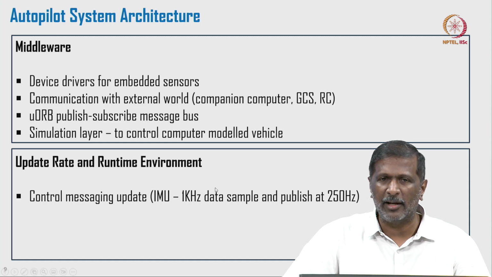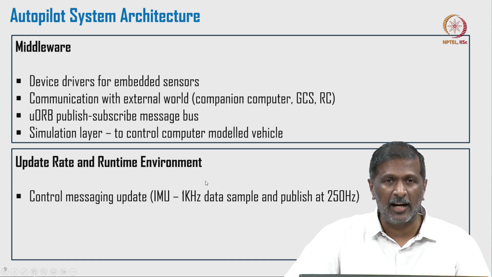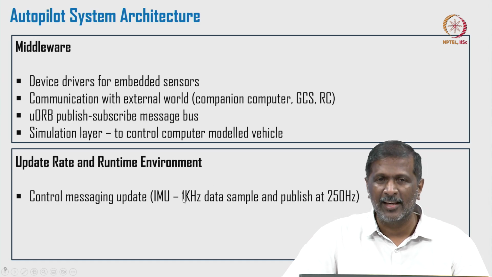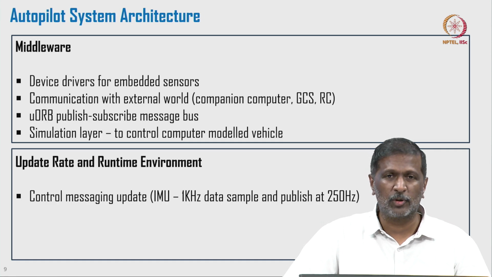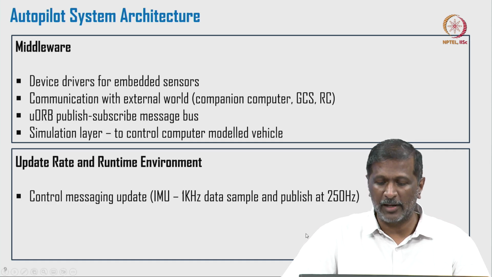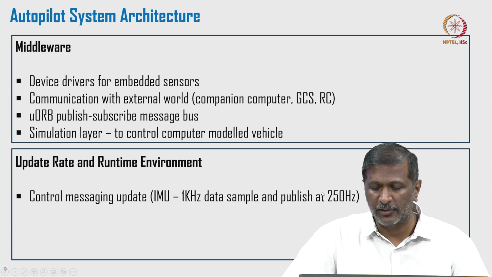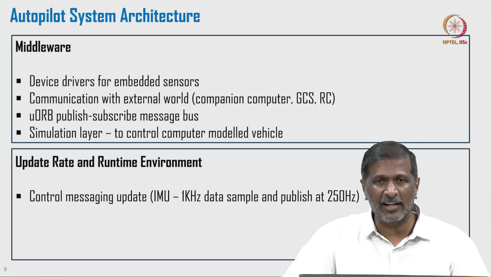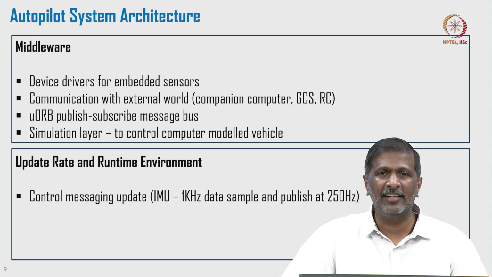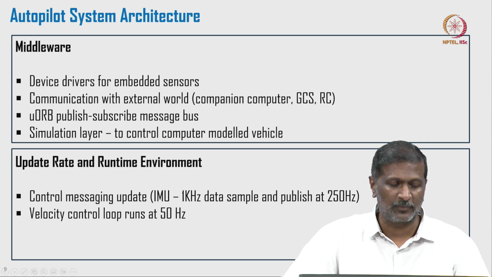I'm going to take it from the IMU. I'm going to sample the IMU at 1 kilohertz, right? I sample it and filter it because the IMU could be noisy. I filter it, but I may have to publish my output at 250 hertz so that my control architecture takes this information and does the necessary actions.